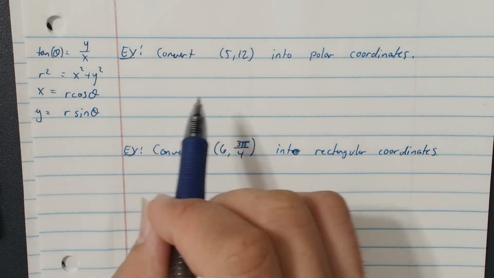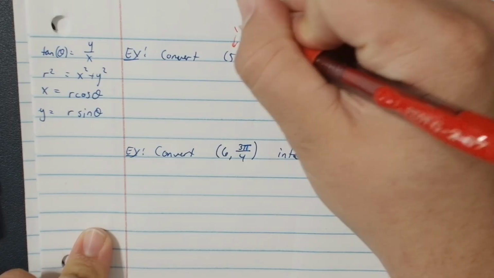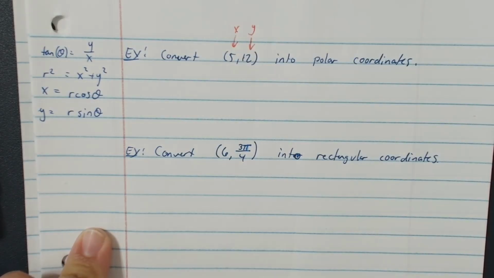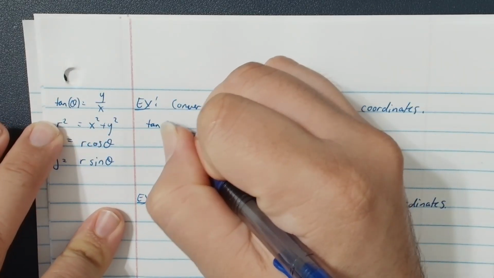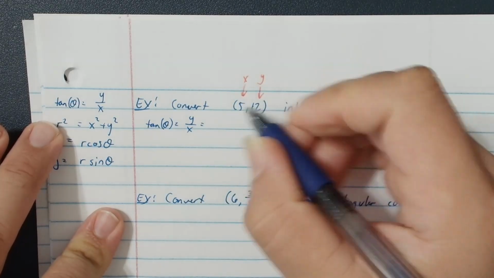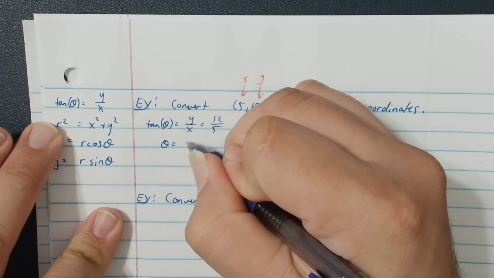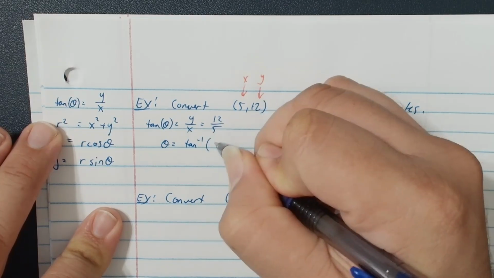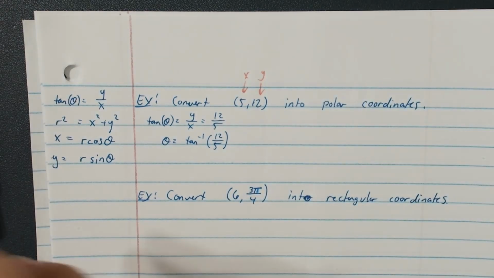All right, so if we're converting these into polar coordinates, that must mean these are rectangular. So this is an x and this is a y. Okay, so the tangent of the angle theta is equal to y over x, which is 12 over 5. Okay, so that means that theta, we're going to take inverse tangent of 12 over 5. Okay, let's see.